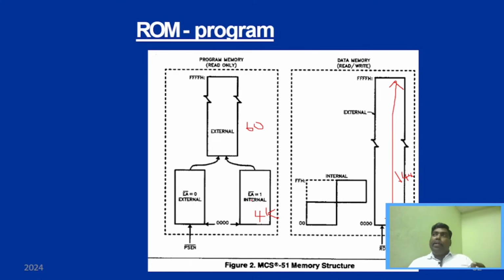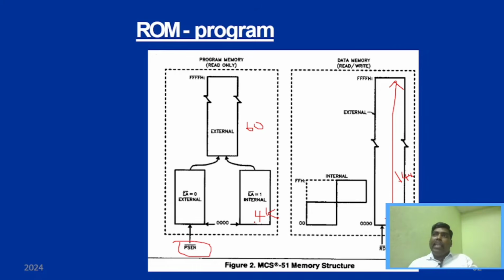this EA pin tells you whether we are using the internal ROM or external ROM. Whenever the EA pin is set to 1, it means that the memory which is accessed here is internal ROM.